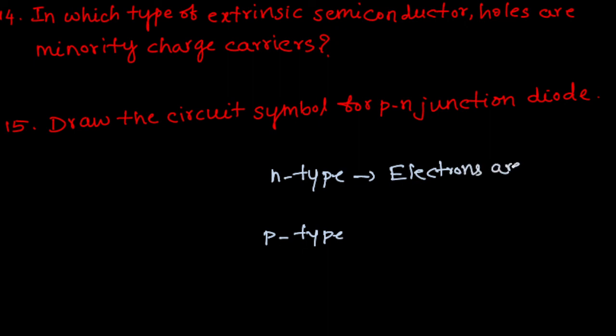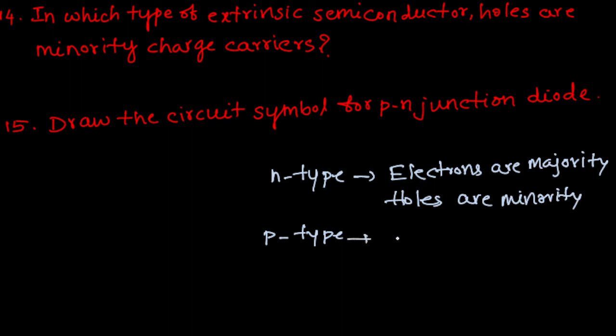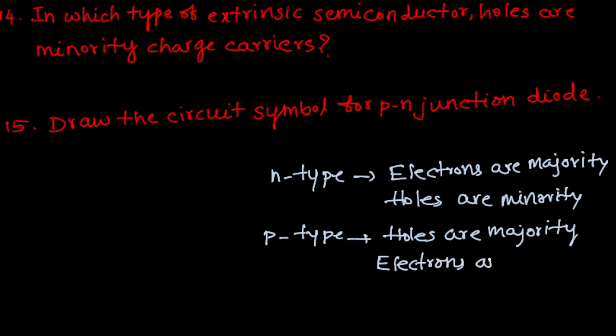Electrons are majority charge carriers and holes are minority charge carriers. Holes are minority. Minority means less number. And in P-type, P means positive. Holes are positive, right? So holes are majority here. Holes are majority and electrons are minority.